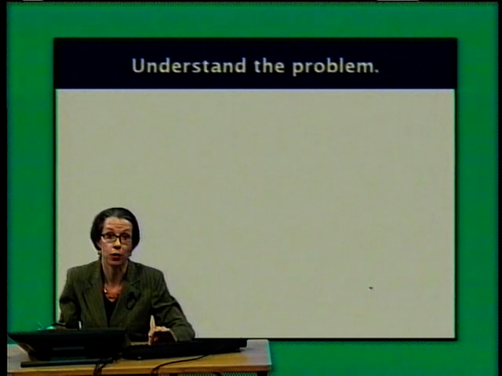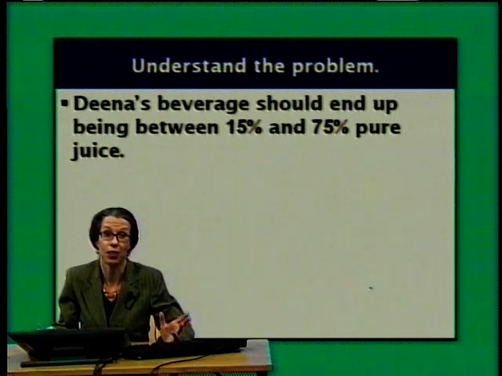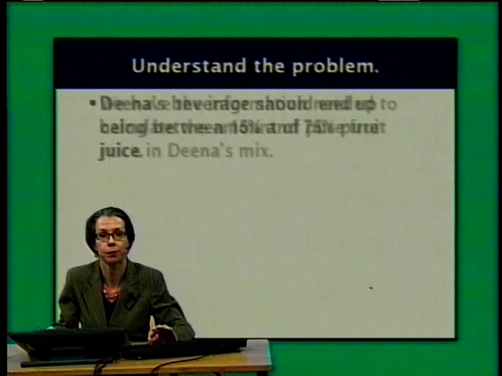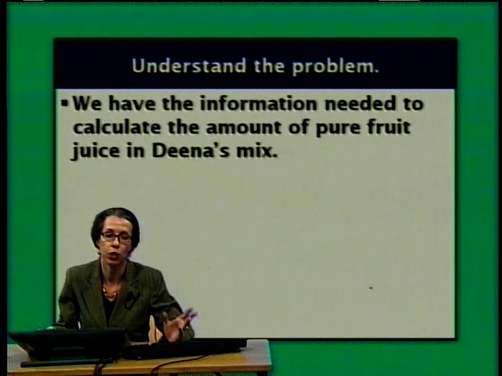I'm going to start with understanding the problem. Dina's beverage should end up being between 15% and 75% pure juice. The 15% fruit drink is probably going to end up diluting the 75% fruit drink. We have the information we need to calculate the amount of pure juice in Dina's mix. We know how much pure juice was in the 15% juice drink.